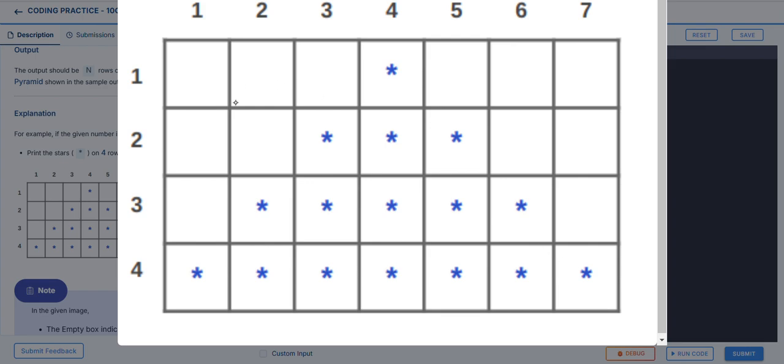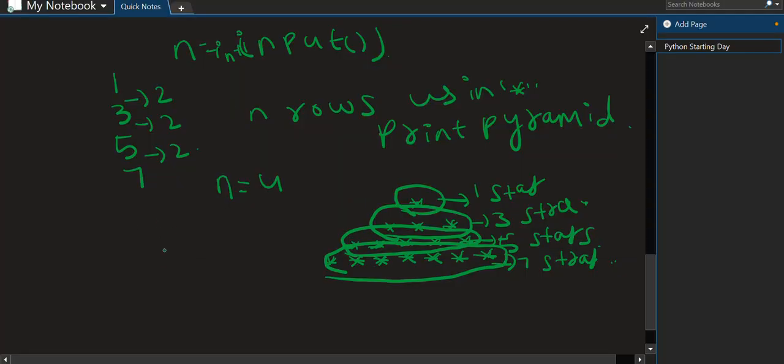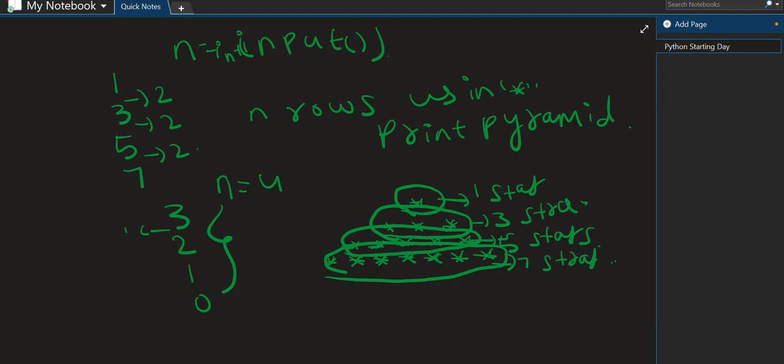If you look into this, the space count will be 3, 2, 1, 0 in decreasing order. Each time there will be 1 space decreasing.